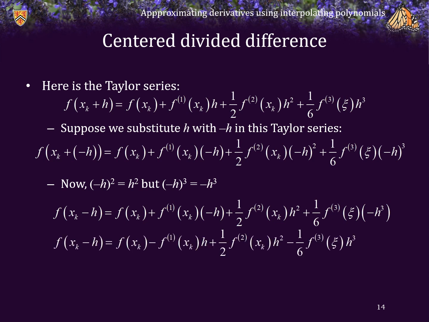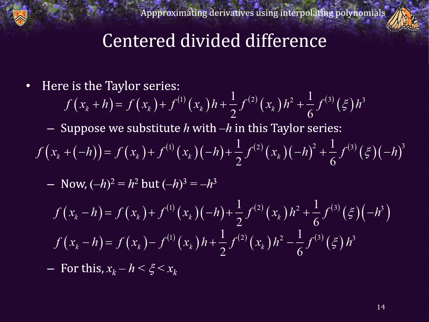And expanding that, we have almost the same Taylor series, except every second coefficient is negated. Now, for this one here, the value of xi must lie between x sub k minus h and x sub k.